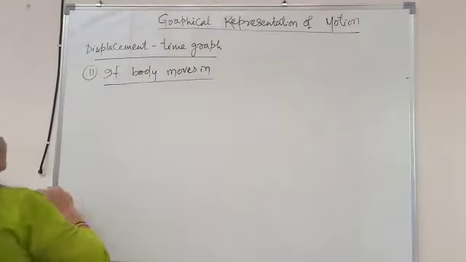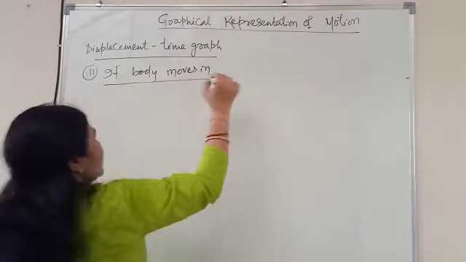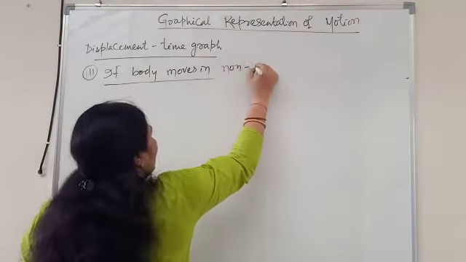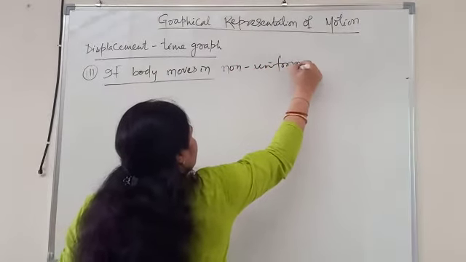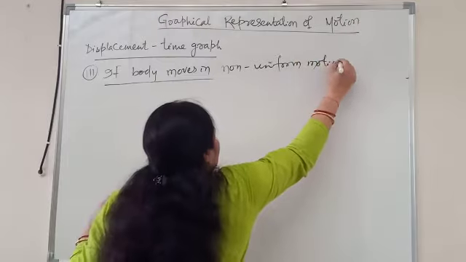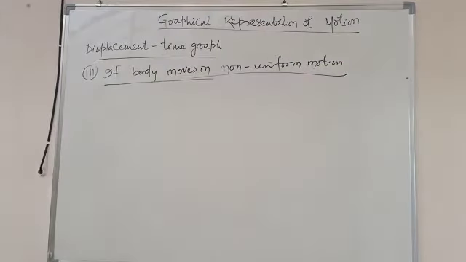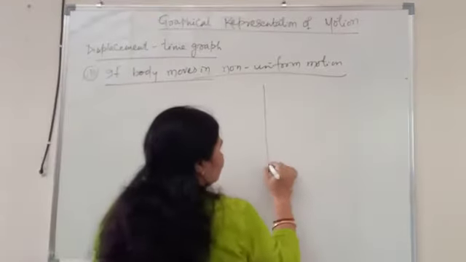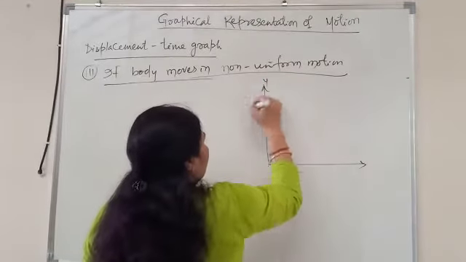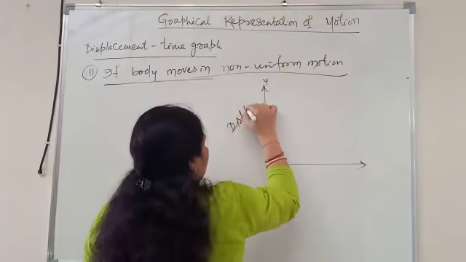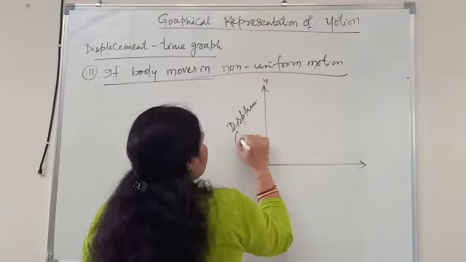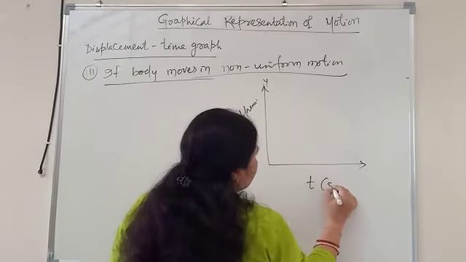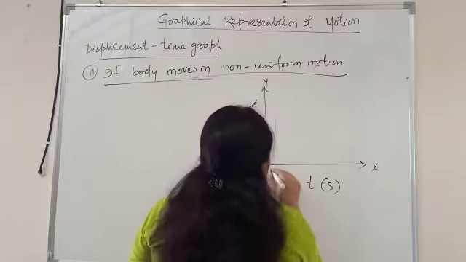Okay, the third case we will discuss is displacement time graphs in case of non-uniform motion. When a body is in non-uniform motion, what will be the displacement time graph? This is displacement in meter, time is in second, this is the x-axis.